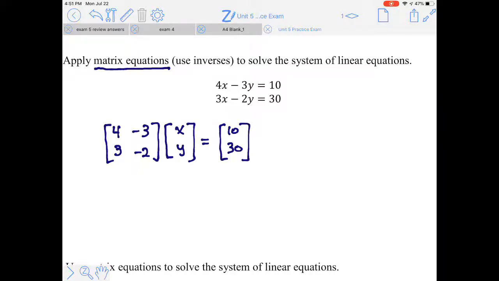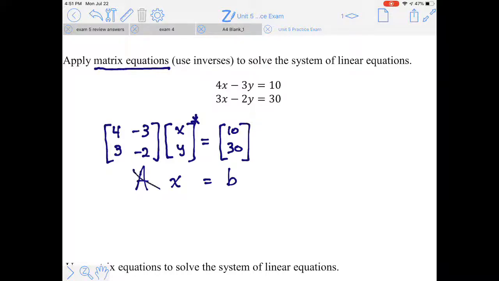And then one more matrix like that. So what we're trying to solve for is that matrix right there. We want to figure out what x and y equal. So if we wanted to represent these using symbols, we could call that one matrix A, that one matrix X, and this one matrix B.